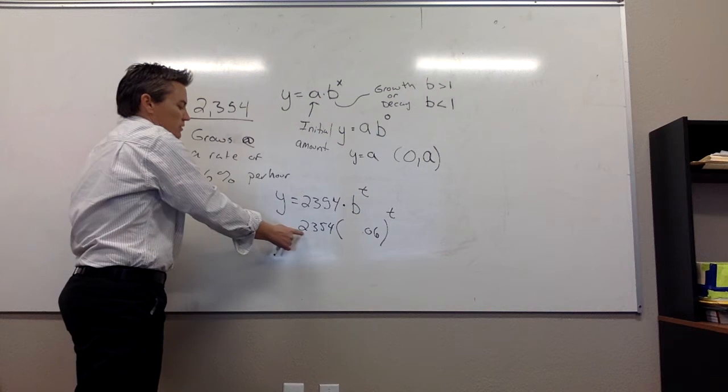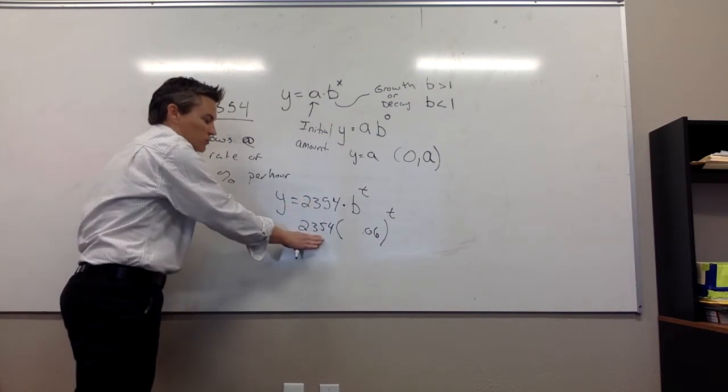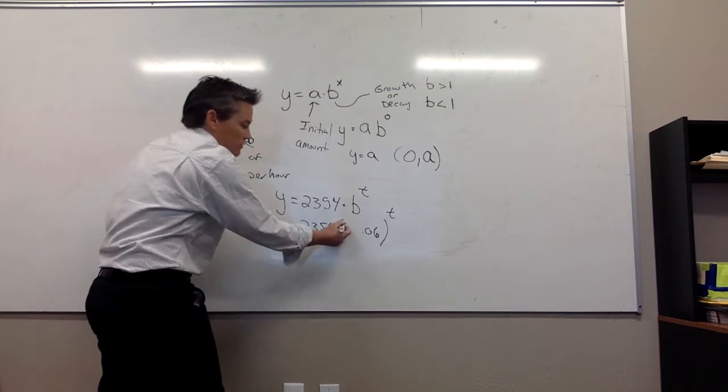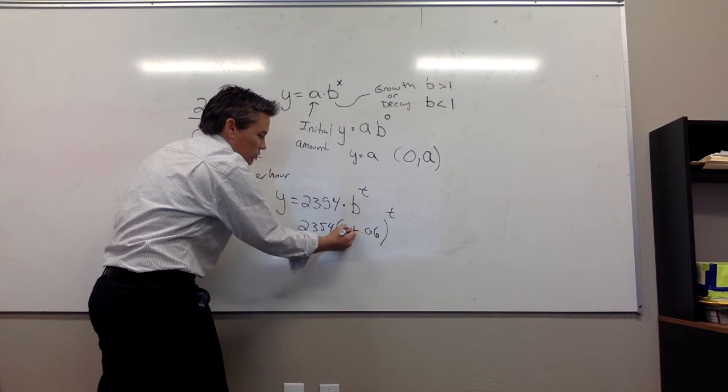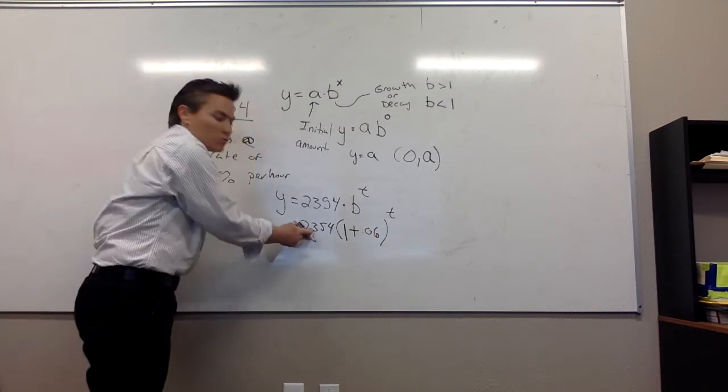But what I really want to know is what's my current population, which would be 2,354 plus that 6%. So I need to add in 1 plus my growth rate to account for that original amount.